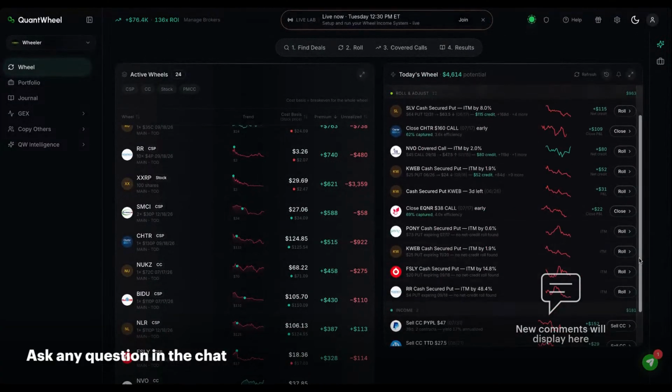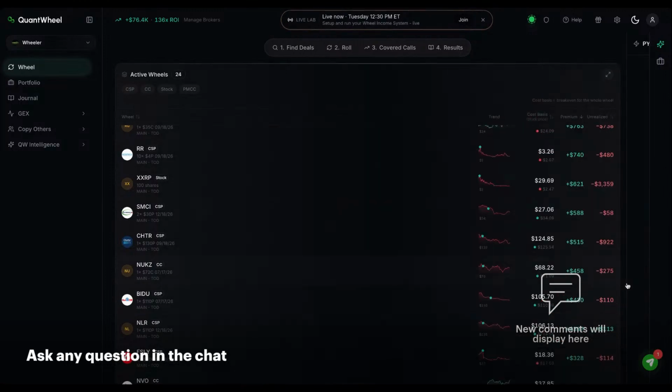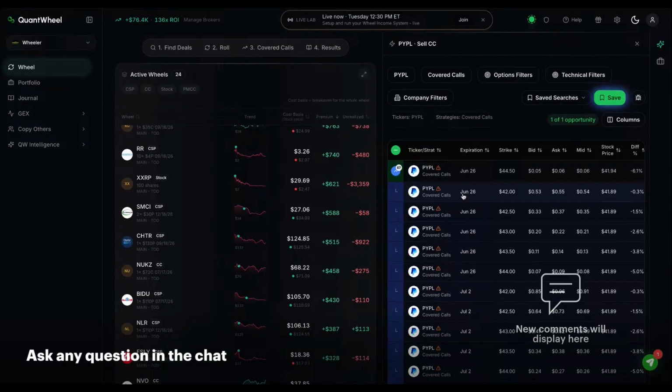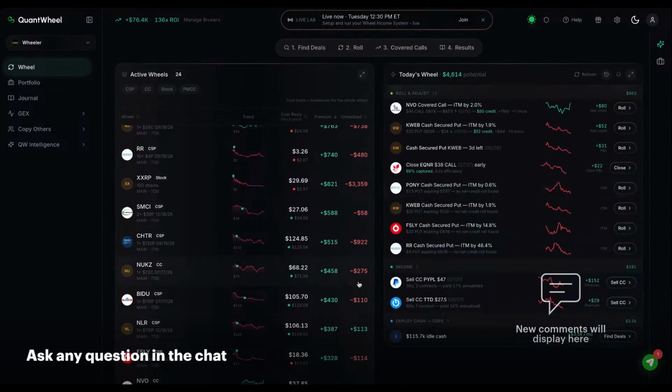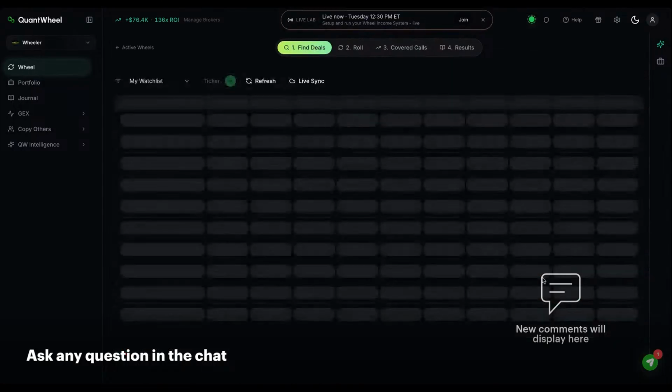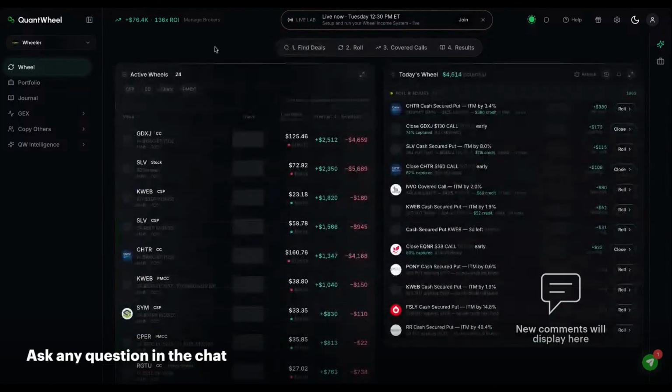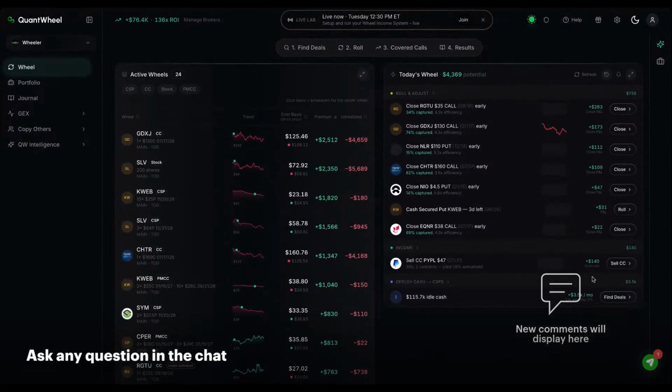You can see them right here. Or if you want to sell calls, you can just take a look at them right here. So this brings basically your whole wheel setup into this screen, plus obviously find deals in the screener. I think starting QuantWheel, I couldn't have imagined it being this simple, and obviously we'll improve as well.